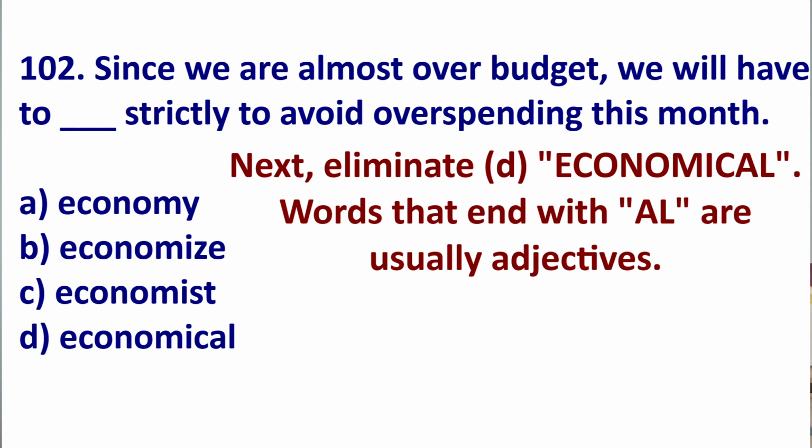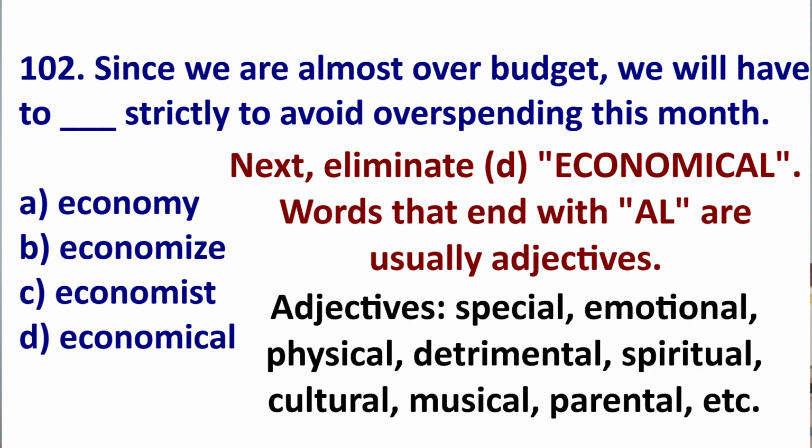Now, next we can eliminate D. AL words are usually, not always, but usually adjectives, such as special, physical, emotional, parental, spiritual. We could keep going on. So we know that economical is not a verb.